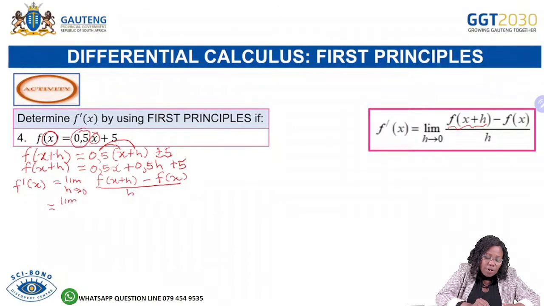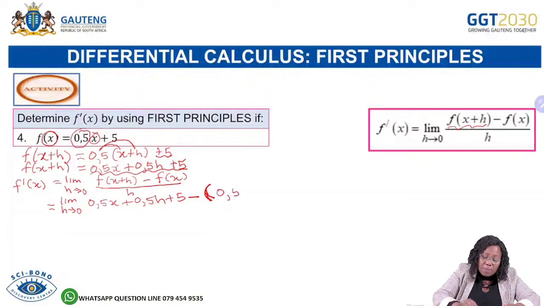F at x plus h is the answer that we have identified there: 0,5x plus 0,5h plus 5, minus, remember the important bracket there. Before you write your f at x, please bring in the bracket: 0,5x plus 5, close bracket, divided by h.